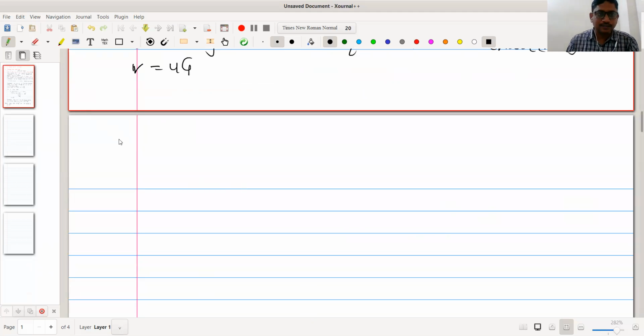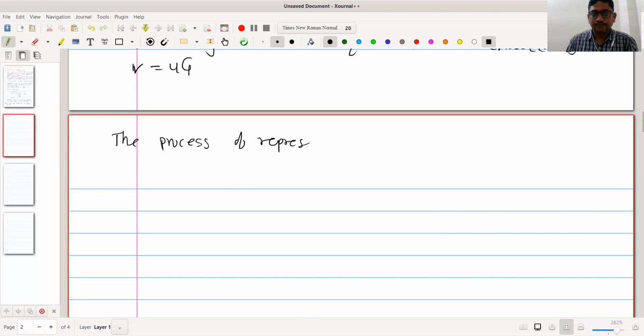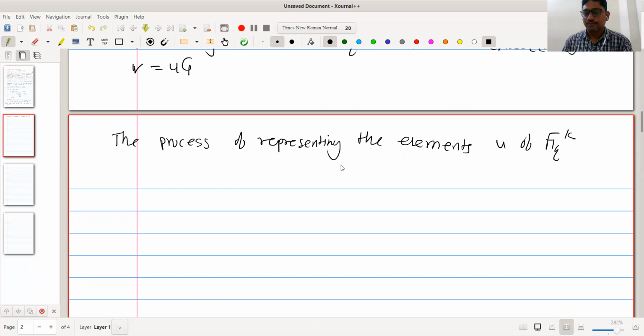I'm writing this: the process of representing the elements u from Fq^k as code words V equal to u into G in C is called the encoding process.